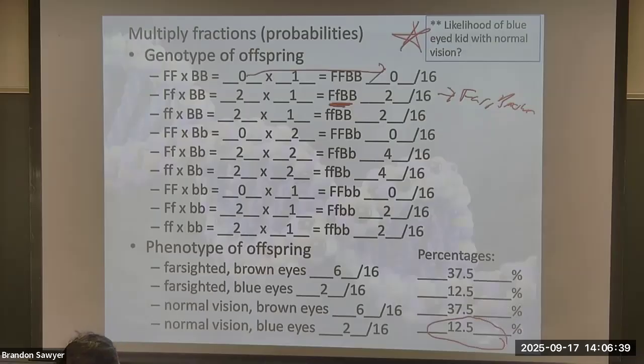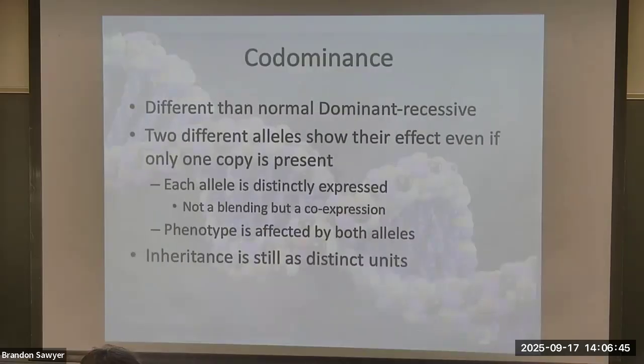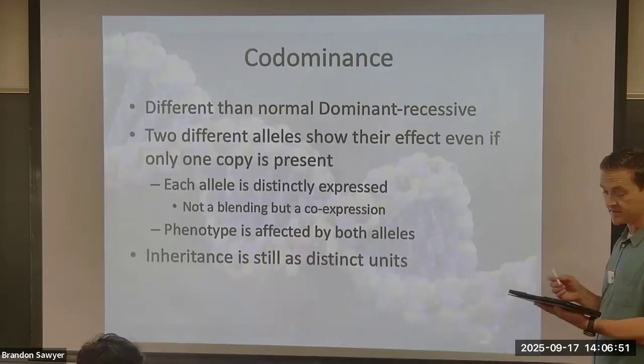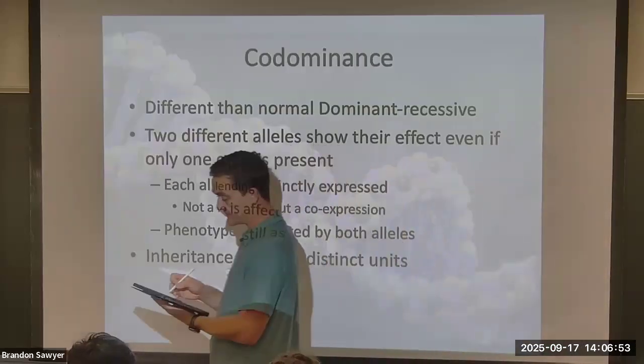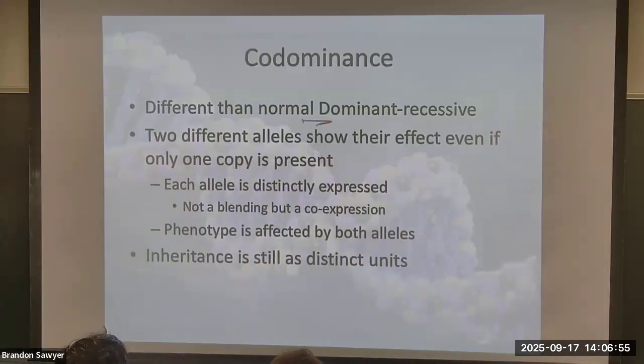Okay. So that's the simple version of dominant and recessive. Now there are a couple of aberrations to that we'll talk about. One of those is called codominance, and codominance is different than normal dominant recessive. This is where two different alleles show their effect, even though only one copy is present.